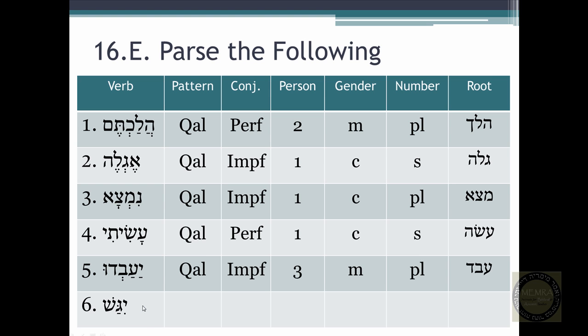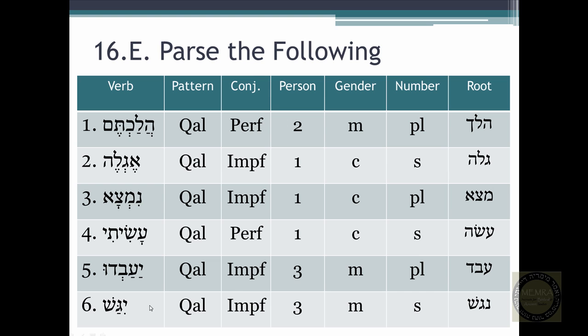Yigash, this is a tricky one. Is there a prefix? Yes, there is, because the lemma here is actually nagash, a first nun form. We don't have yagash as a vocab word, so that would be our first clue. But again, the gimel has a dot in it, and that's from the assimilation of an original nun into that consonant.